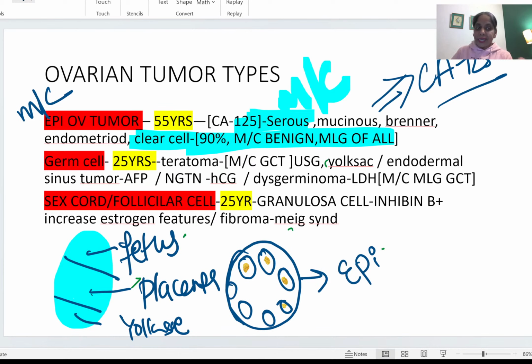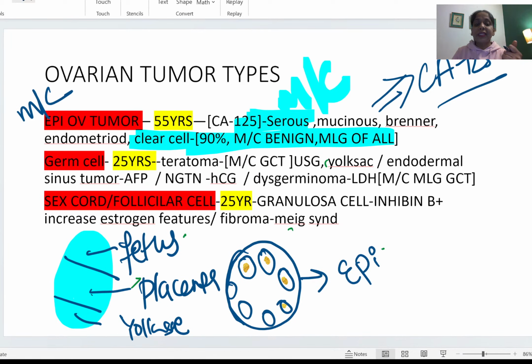Either they will ask you the most common, or they will ask you the tumor marker. Write down in the chat box, the tumor marker of yolk sac tumor. It is alpha fetoprotein. What is the tumor marker of non-gestational trophoblastic neoplasia?